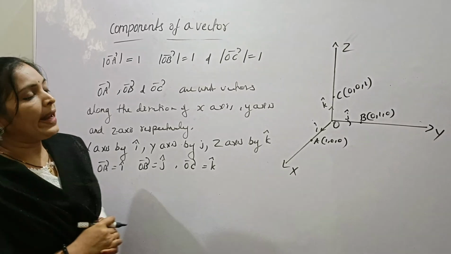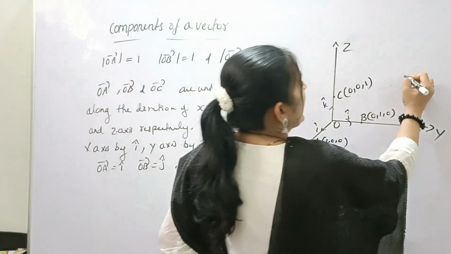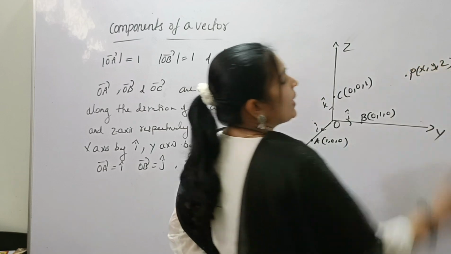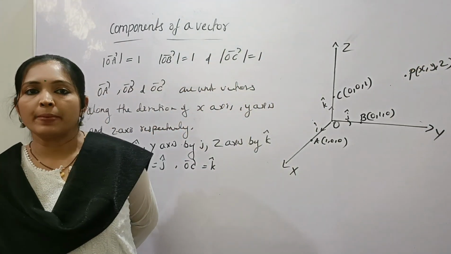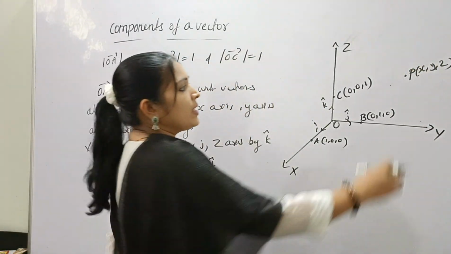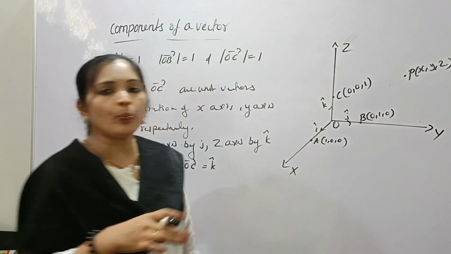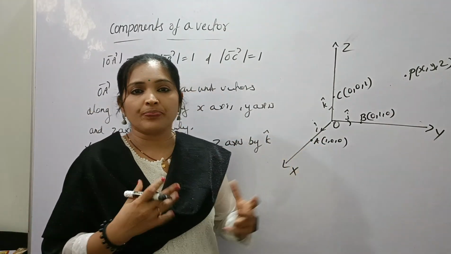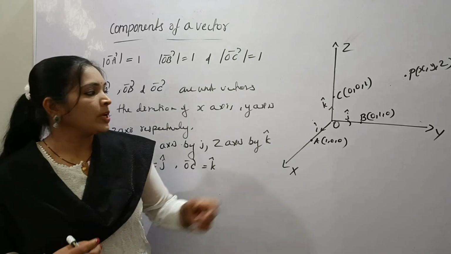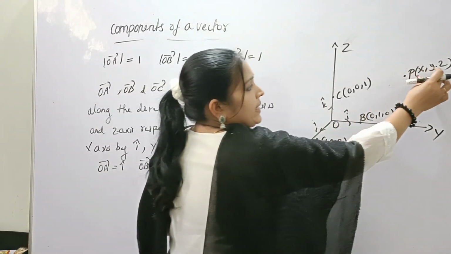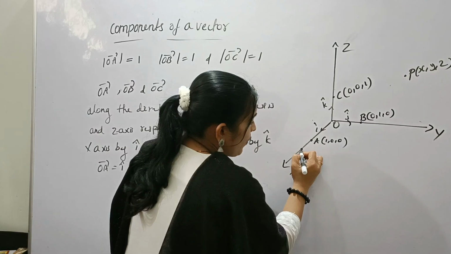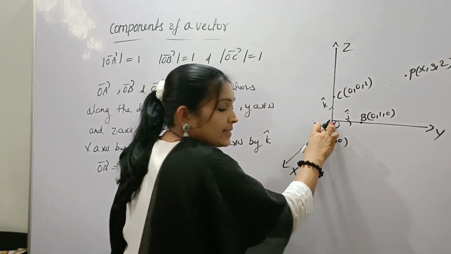Now let's take a point P on the plane. Let P(x, y, z) be a point. We know how to plot points in three-dimensional space. Let's take a point Q such that this distance is x.